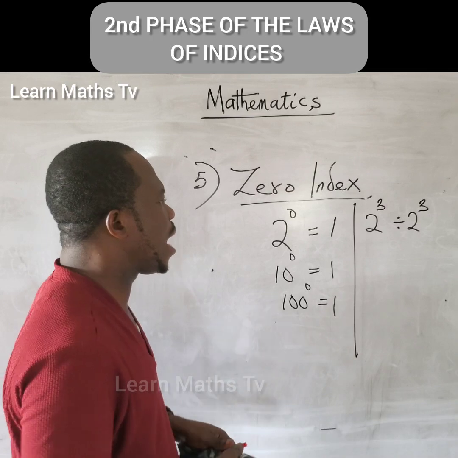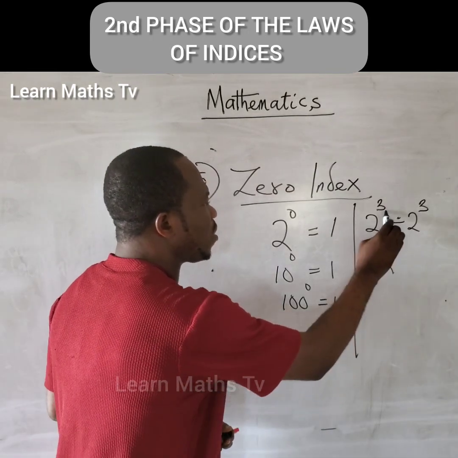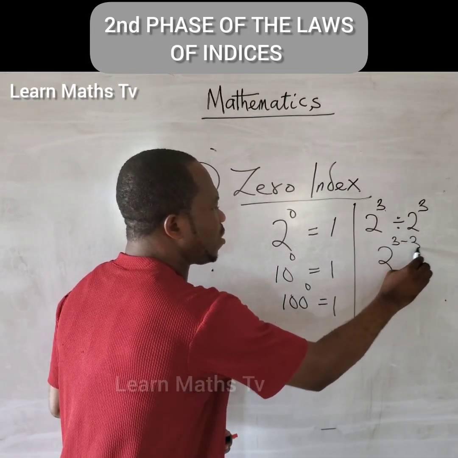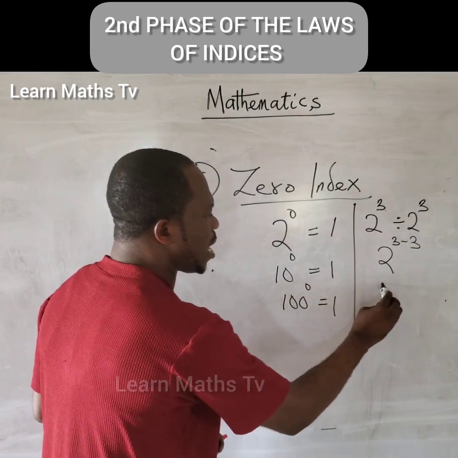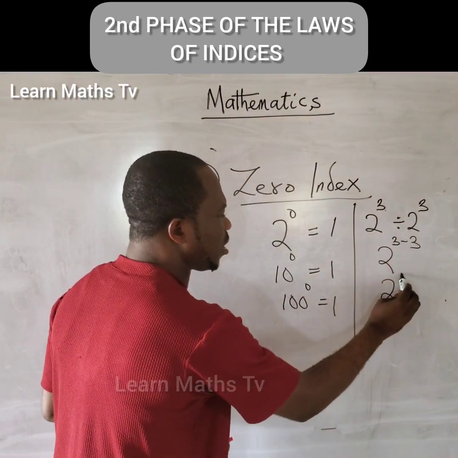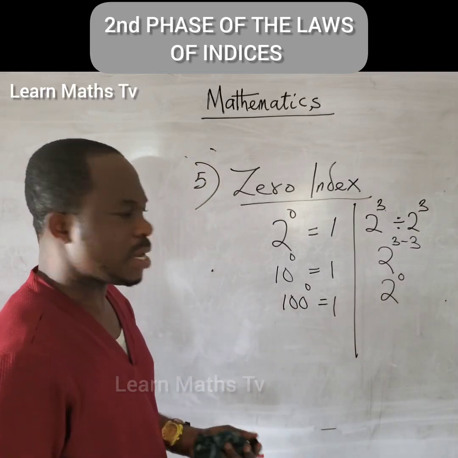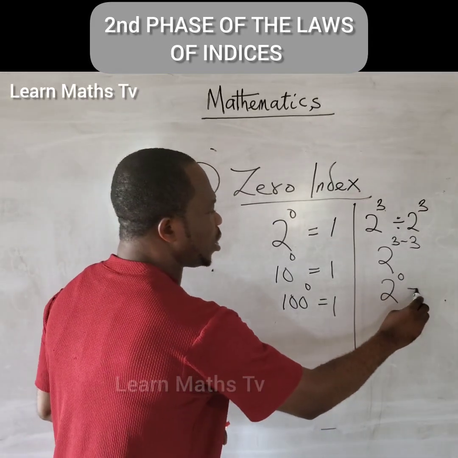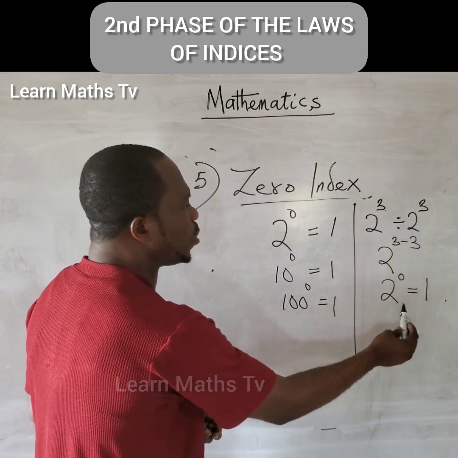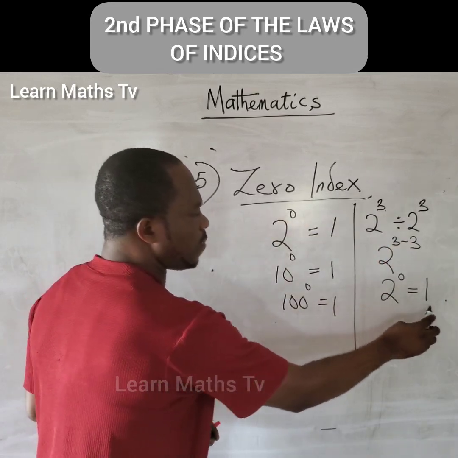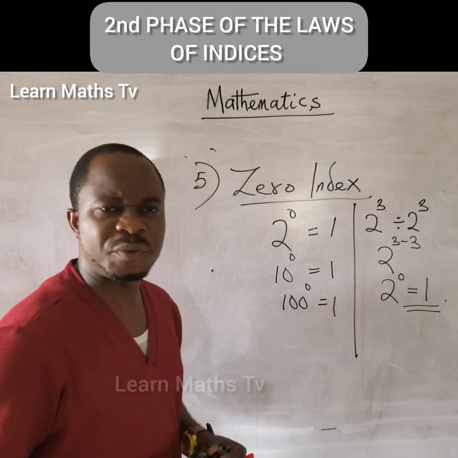As such, we have 3 minus 3, and now what we have here is 0. Now 2 raised to power 0 is equal to 1. From the division law, we are able to relate it to zero index, and of course we obtained our result.